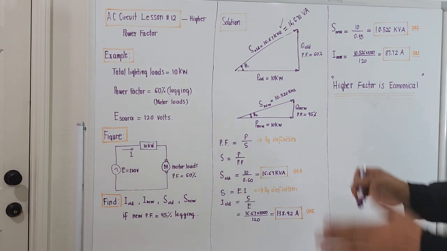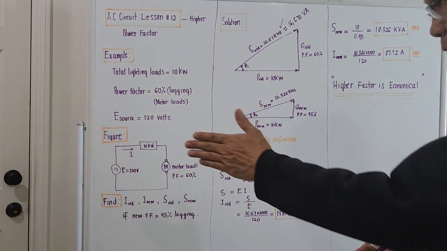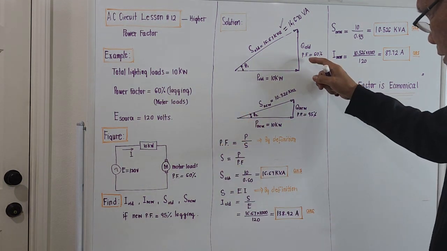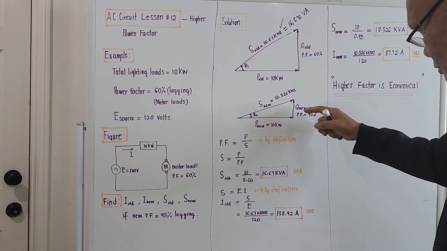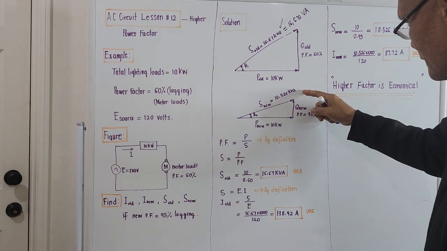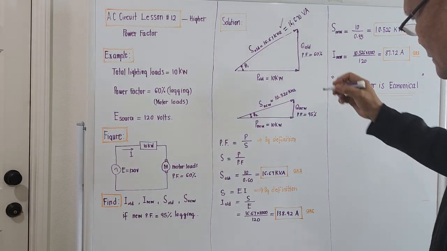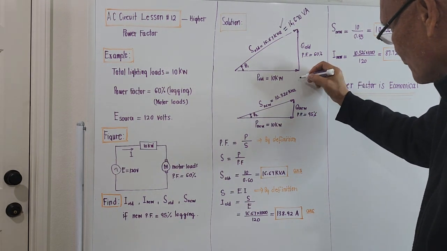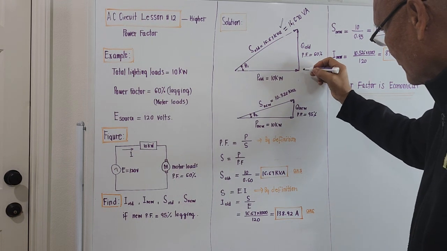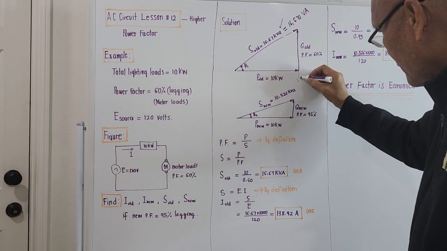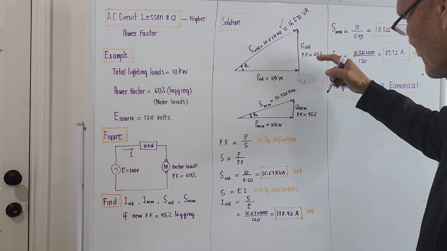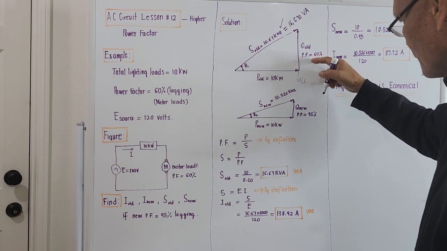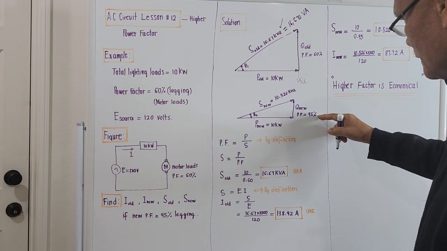For the reactive power, the problem is asking that if the power factor goes up to 95%, maybe we have put something like a Q sub C over here to contradict this one, to increase that power factor from 60% to 95%.